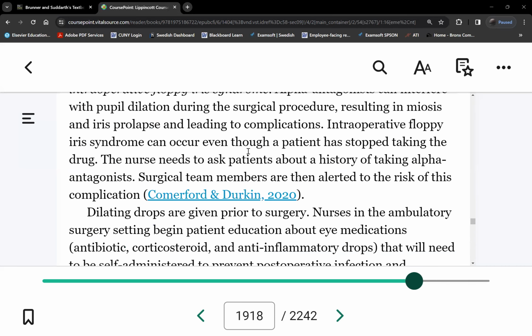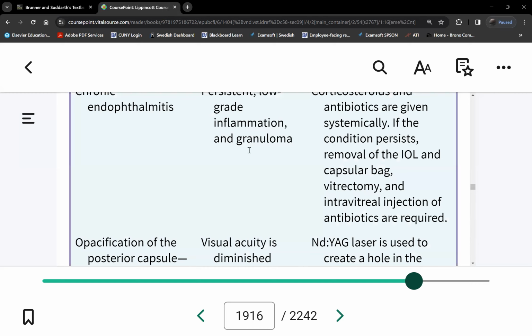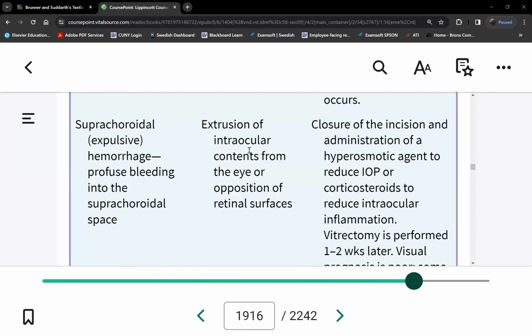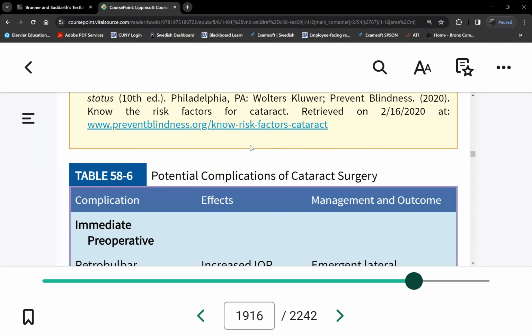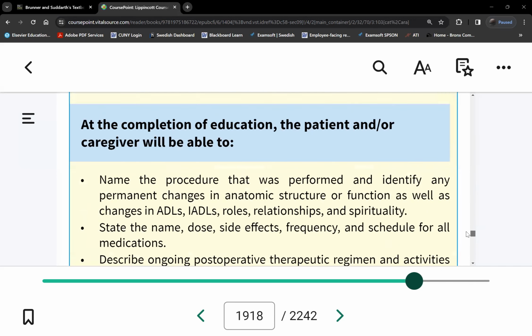What chart did you see again? 58 dash what? This one? The chart you were just at. Is it a chart or a table?